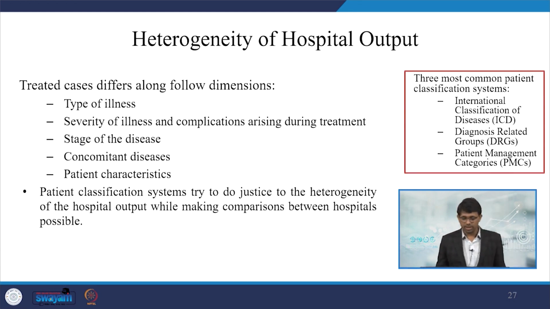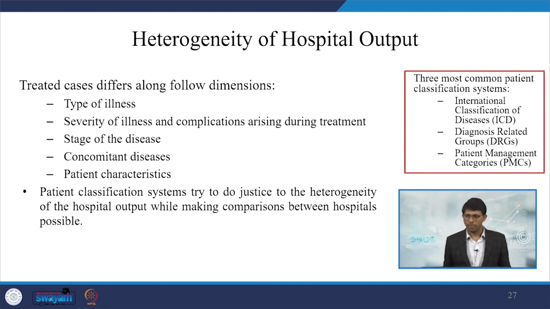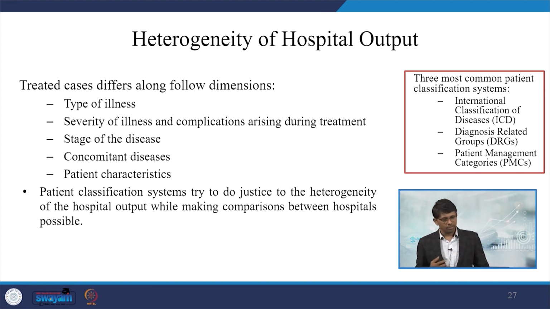There is heterogeneity, as I already said, in terms of output, even if the output or number of cases dealt with are the same, but the quality or the type of service is different.